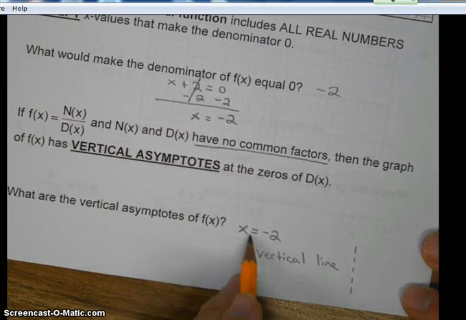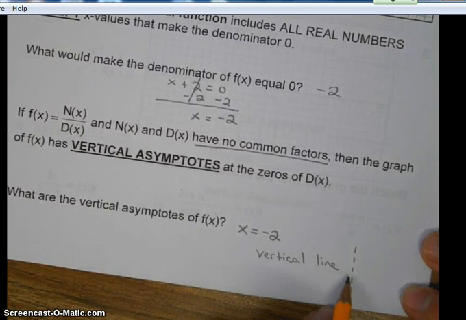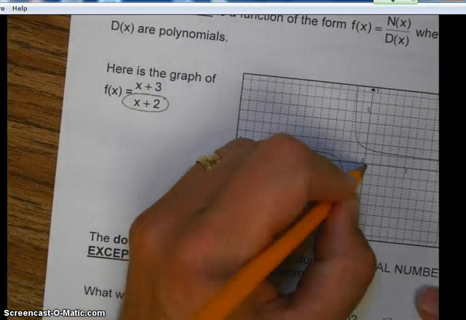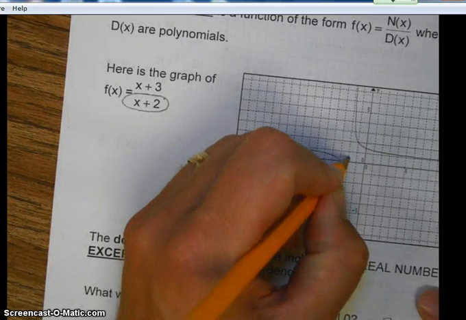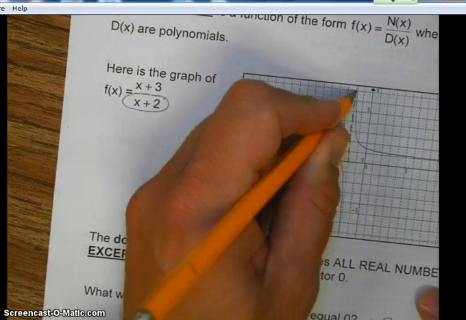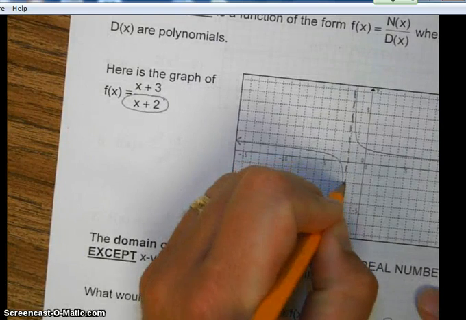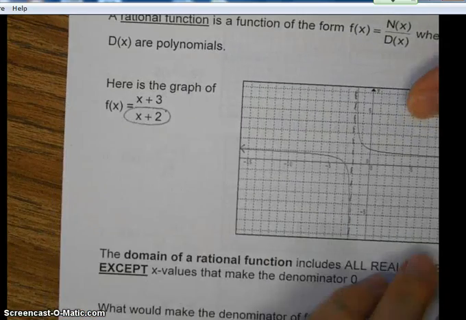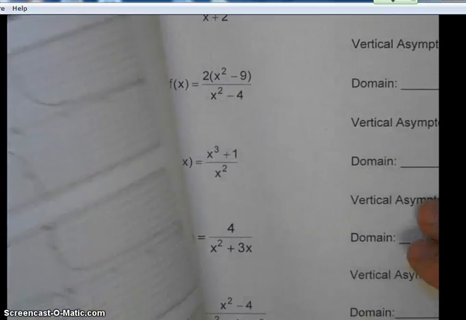So we have a vertical dashed line that represents an asymptote and goes through -2. Looking back at the graph, -1, -2, we draw in our vertical asymptote at -2, and there you can see it.